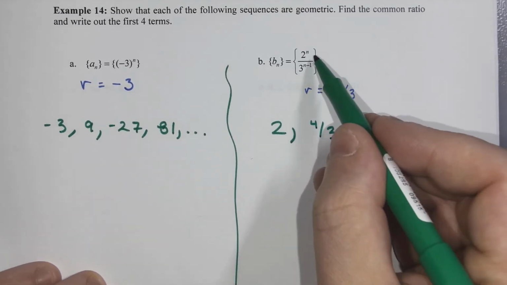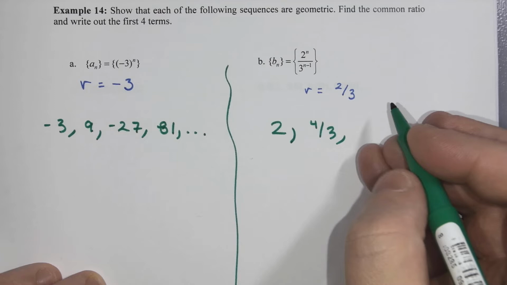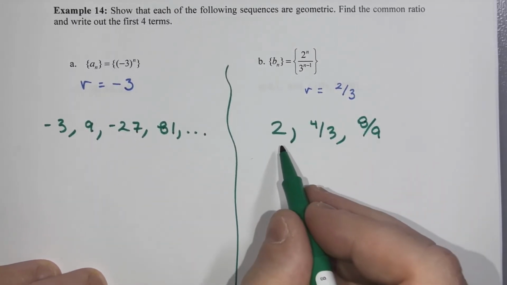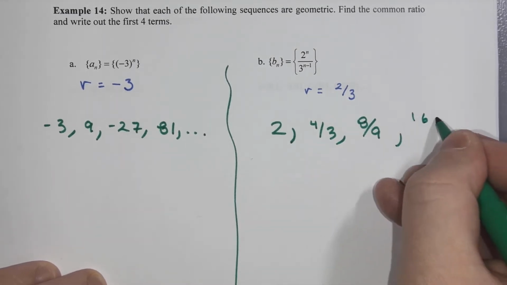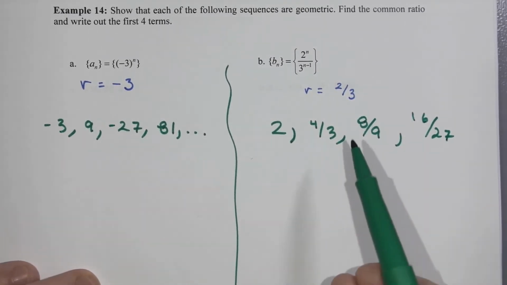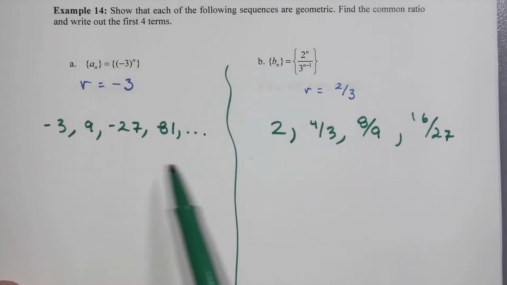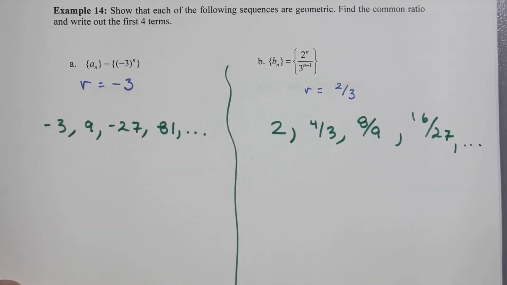Replace n with 3, we get 8 over 9. And you can already see that the ratio is becoming a 2/3 multiplier, right? 2/3, 2/3. So the next one's going to be 16 over 27. So that shows the common ratio and has us write out the first four terms of these particular sequences.